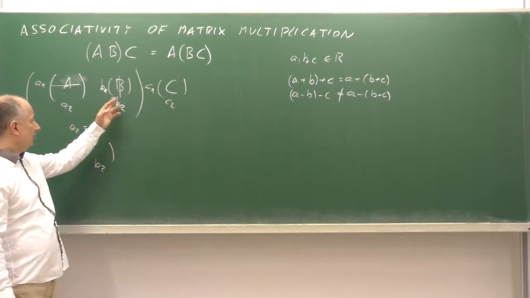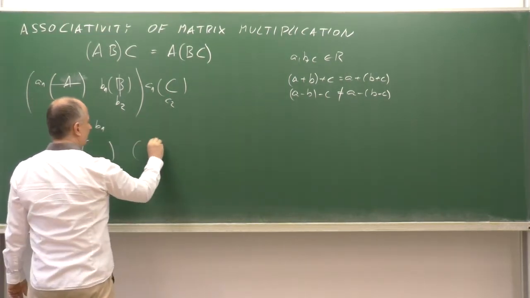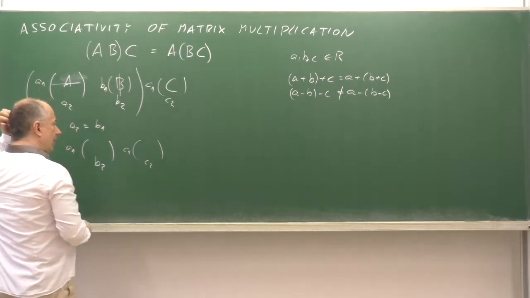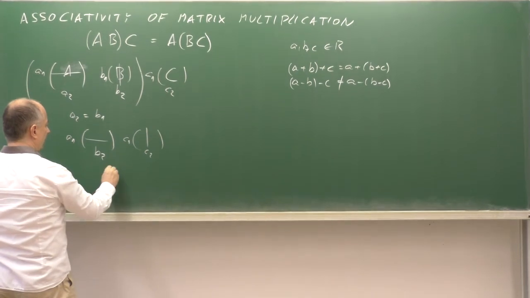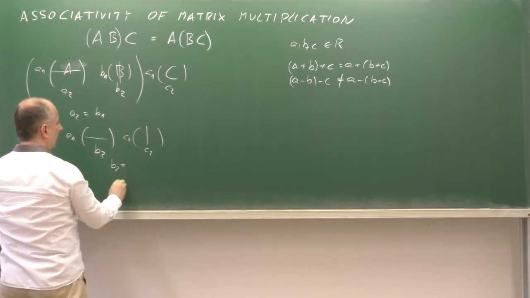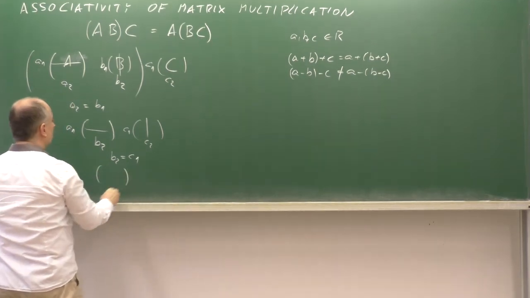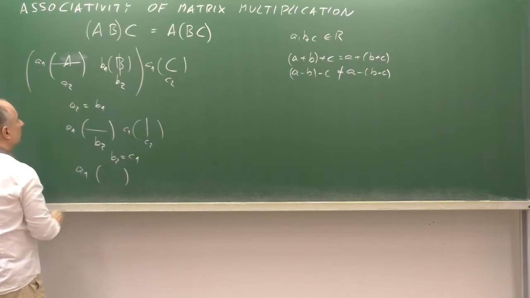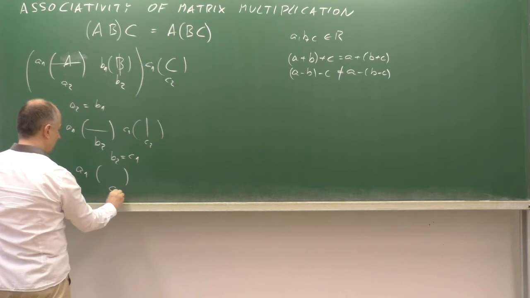The number of columns is the number of columns of B. And when we want to multiply this with the matrix with dimensions C1, C2, then we need B2 being C1. And then the result of the left-hand side will be A1 times C2.